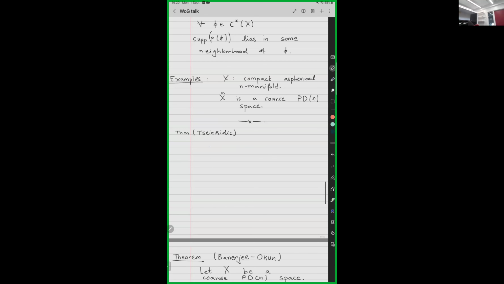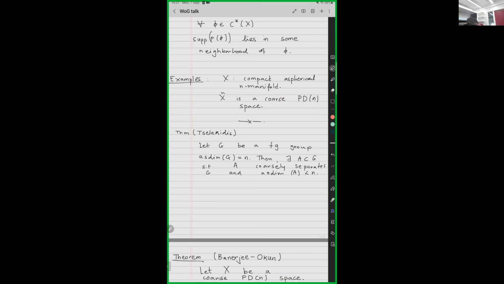It said that if G is a finitely generated group such that the asymptotic dimension of G is equal to n, then there exists a subset A of G such that A coarsely separates G, and the asymptotic dimension of A is strictly less than n.